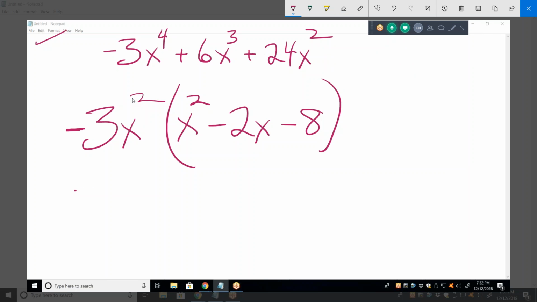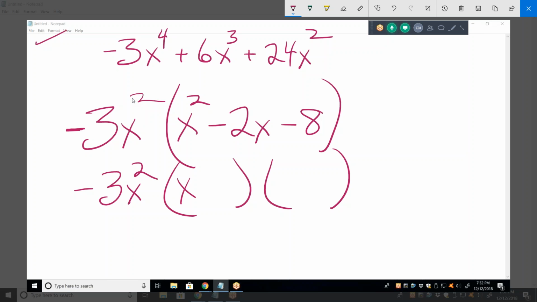Now, we can factor that pretty easily. The quadratic that's in the parentheses, how do you factor that? Hold on. That's not the best way to do it.